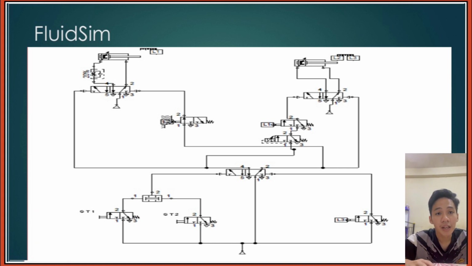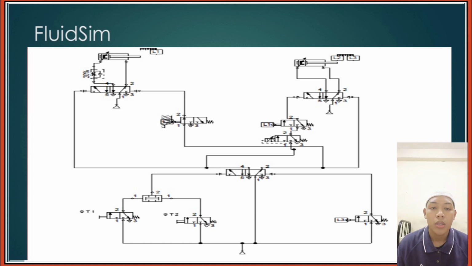After that, after touching sensor A1, it will trigger the other valve. After the clamper extends, it will touch A1.